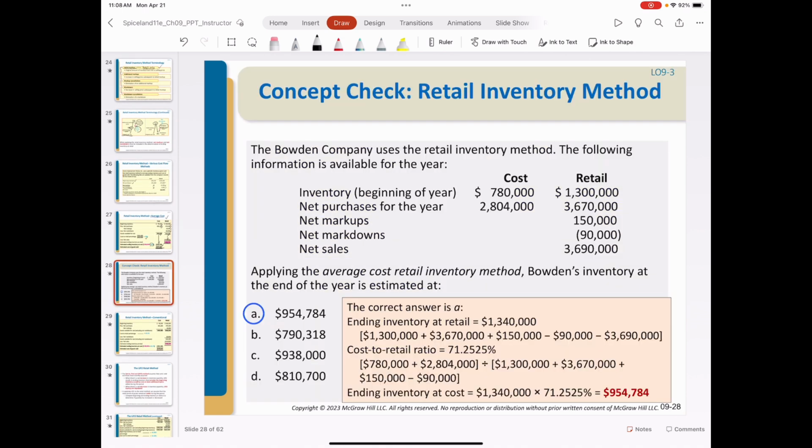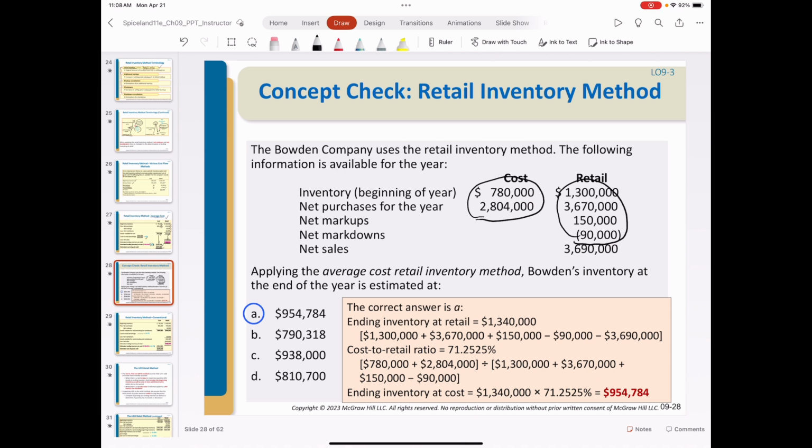In a similar example, first we need to determine the cost to retail ratio. To have the cost to retail ratio, we need the sum of the cost for beginning inventory and purchase. Also, we need the sum of these four numbers, which represents the retail value of inventory available for sale after net markup and net markdown.